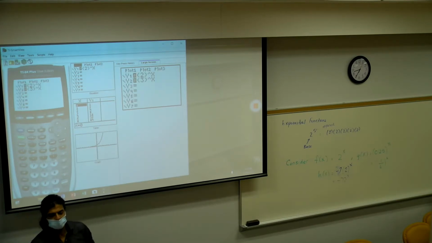Likewise, if I change the 3 to 0.25, what do we expect to happen? It's going to grow slower.